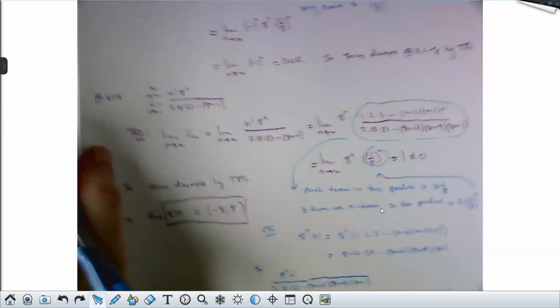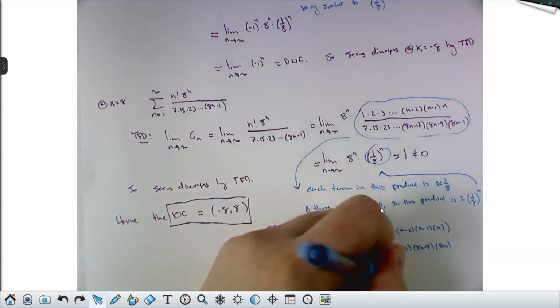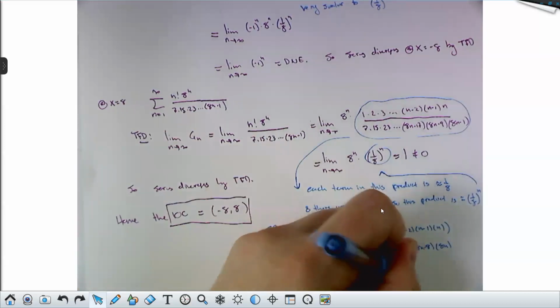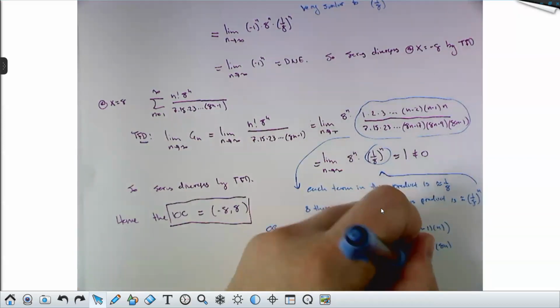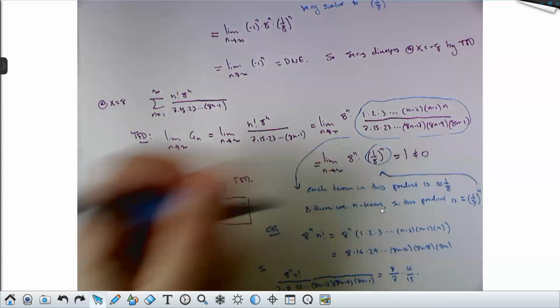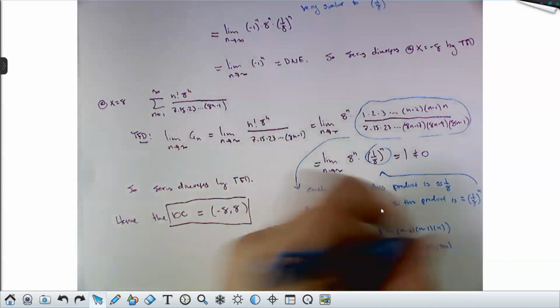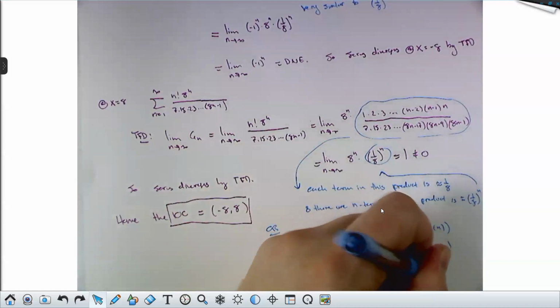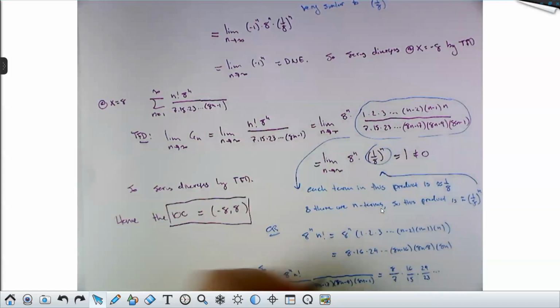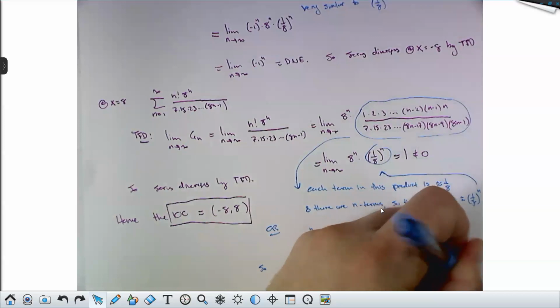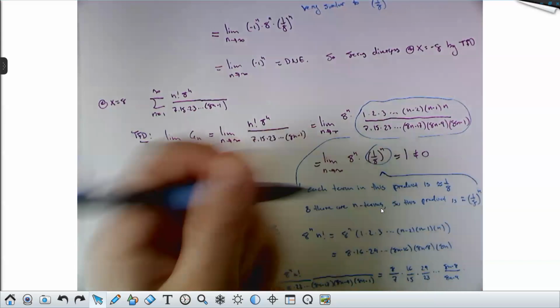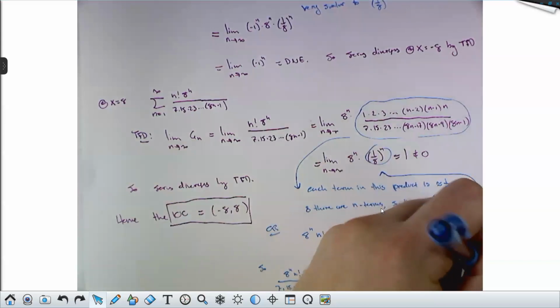This would be equal to 8 over 7 times 16 over 15 times the next one, 24 over 23. Maybe I'll just write the last 2 terms here, which are 8n minus 8 over 8n minus 9 times 8n over 8n minus 1.